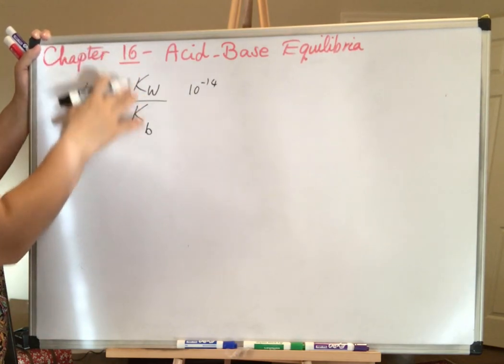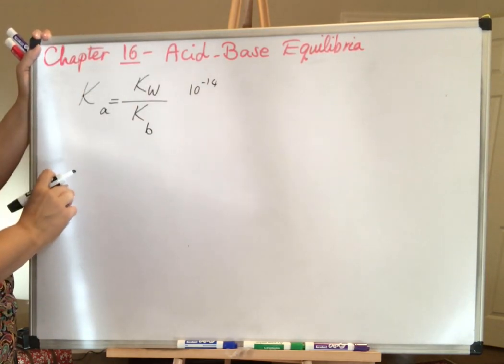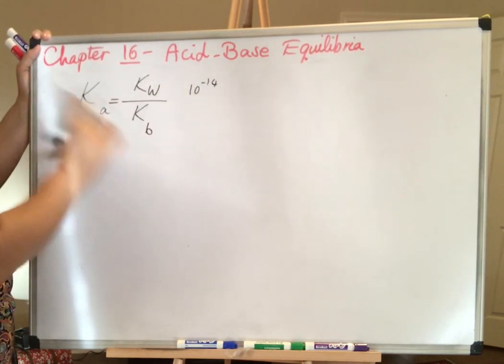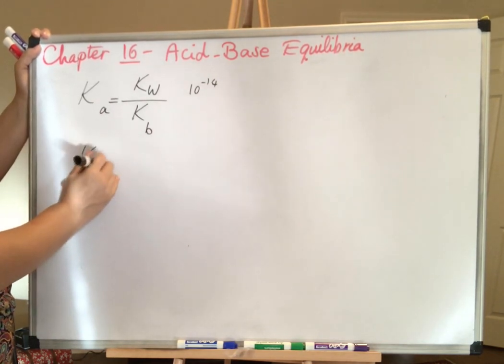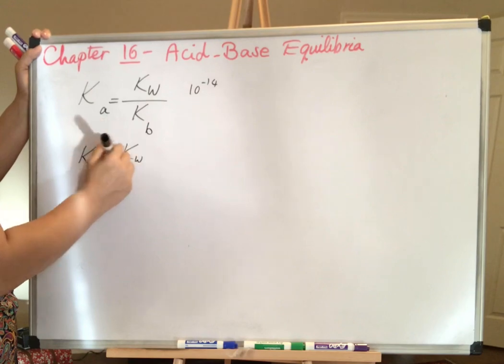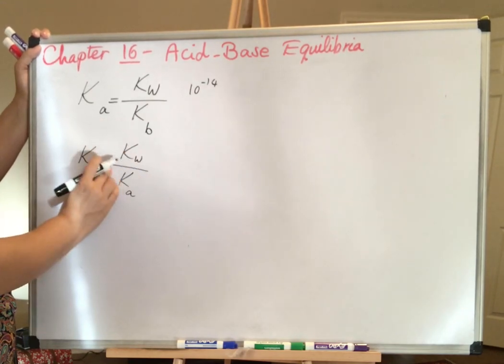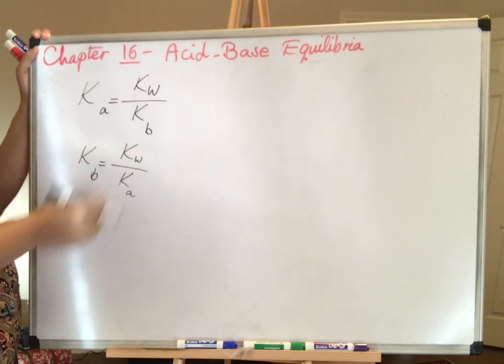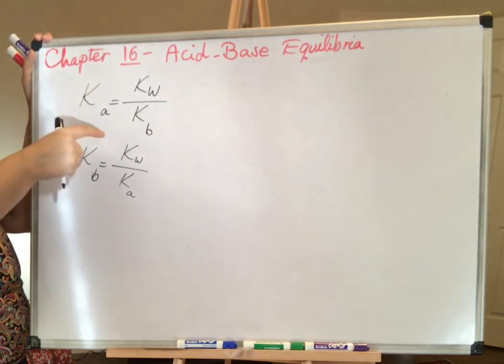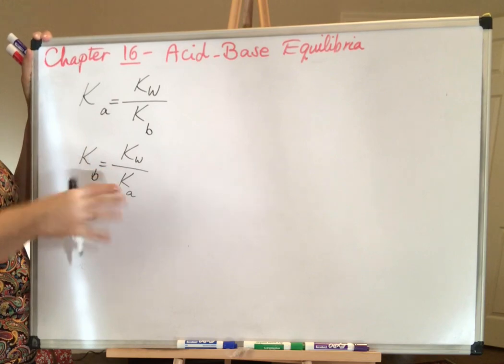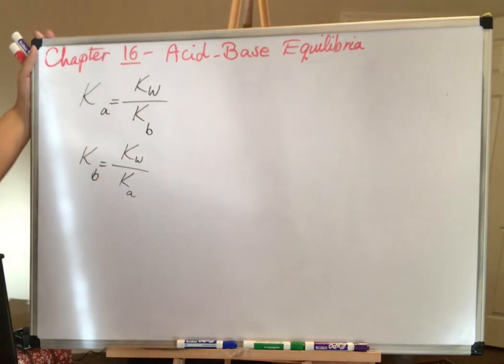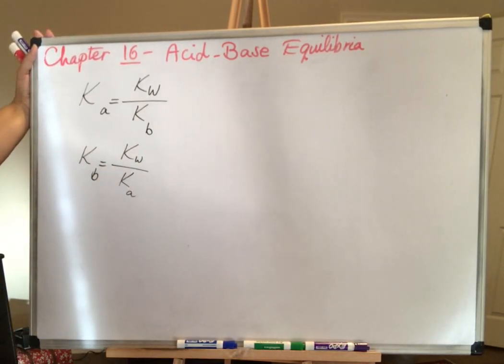Whichever Kw is given to you, you divide it by Kb to get Ka, and likewise Kb is Kw over Ka. So that's the relation between Ka and Kb. If one of them is given and you're asked for the other, don't panic. You just plug it into this formula. This formula will be given.